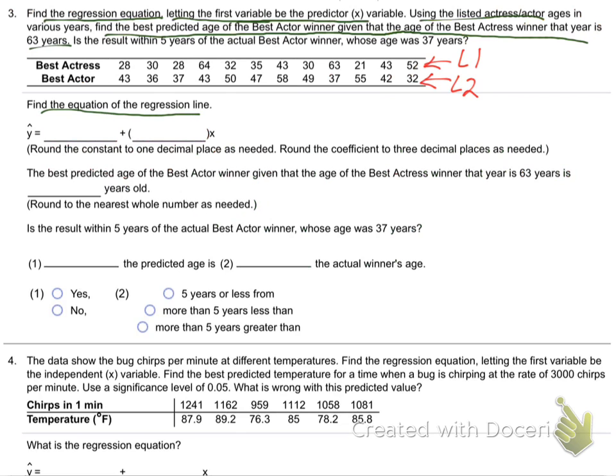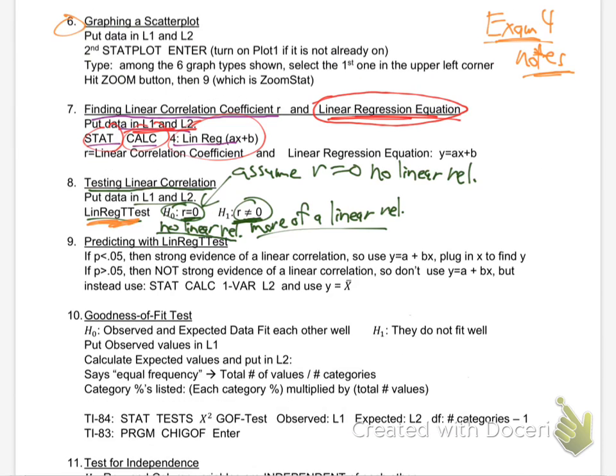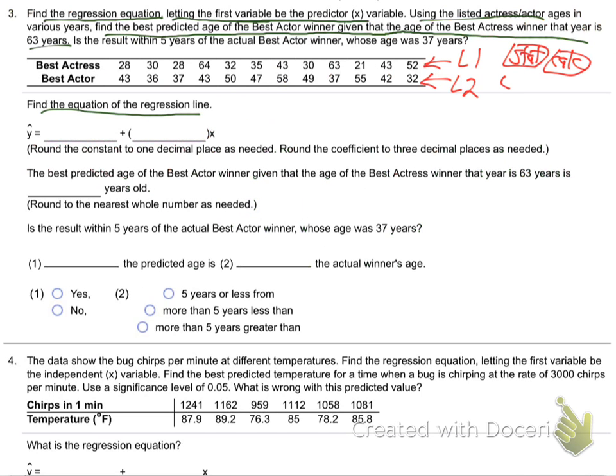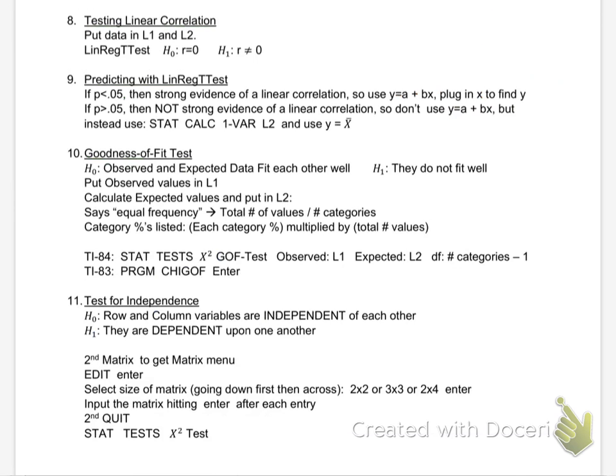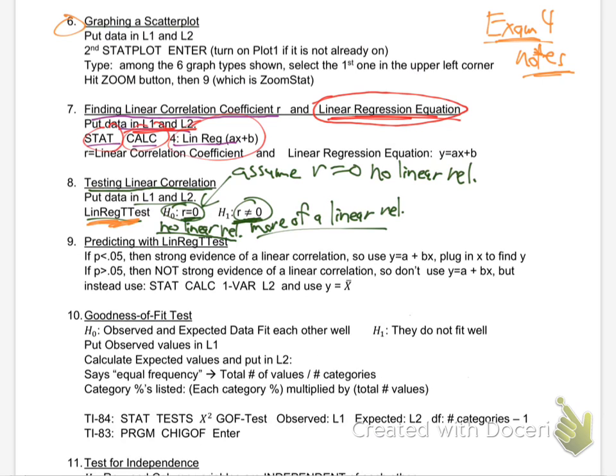So then hit, I'll write it over here, stat, calc, and what was it? Stat, calc, and 4 linear regression. AX plus B. Right?